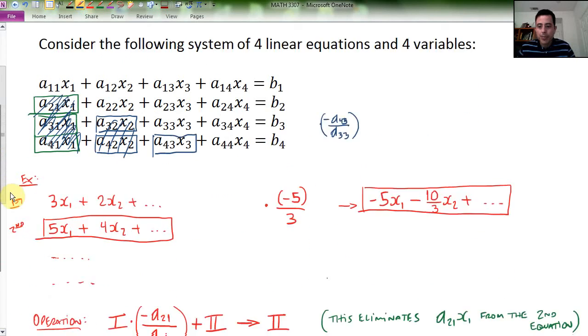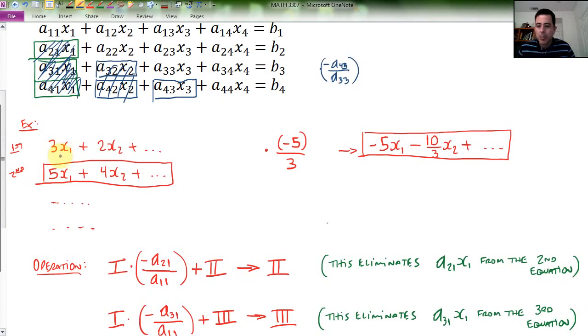So in this little example here, to eliminate 5x1, what we did was divide the first equation by 3, which is multiplying by the reciprocal of 3, right? And then multiplying by -5, so this way we can add the two equations and the coefficient of x1 will be 0.